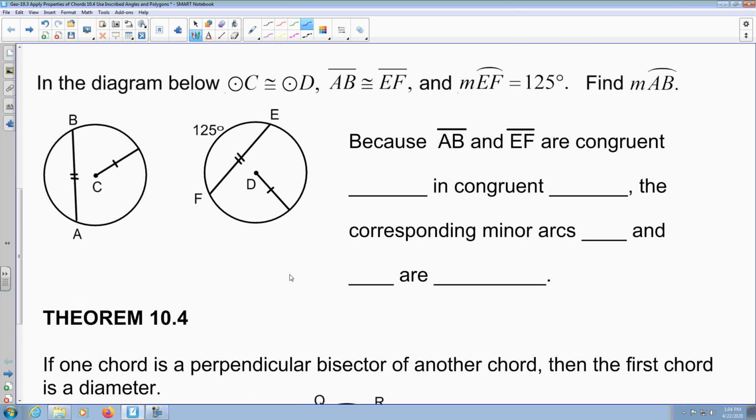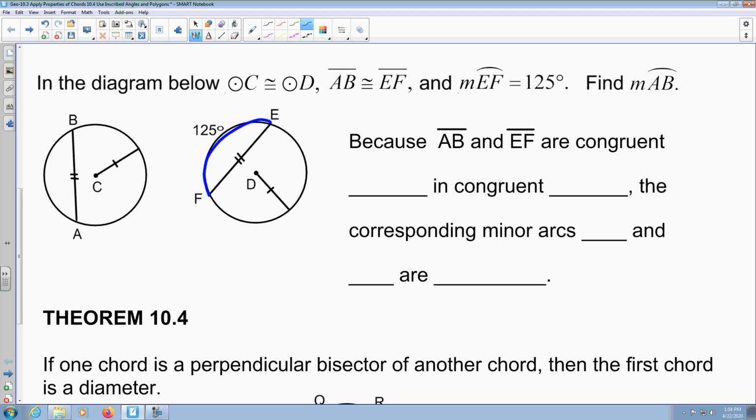Being able to apply this, it says in the diagram below, circle C is congruent to circle D, which means we have two congruent circles. And it says AB is congruent to EF, so on each circle we have two congruent line segments. They're saying the arc measure of EF, which is right here, is 125 degrees, and they want you to find the measure of arc AB.